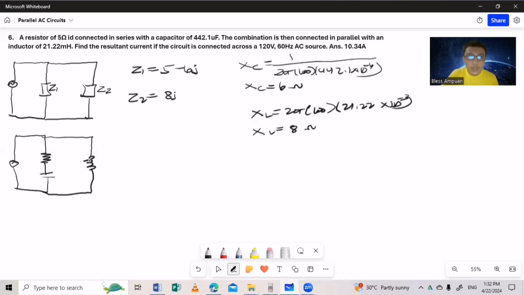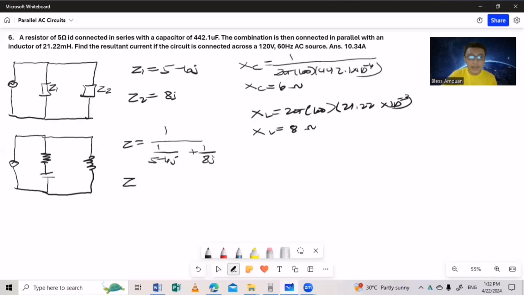To get the current, first we need to get the total impedance. Our total impedance is equal to 1 over 5 minus 6j plus 1 over 8j.